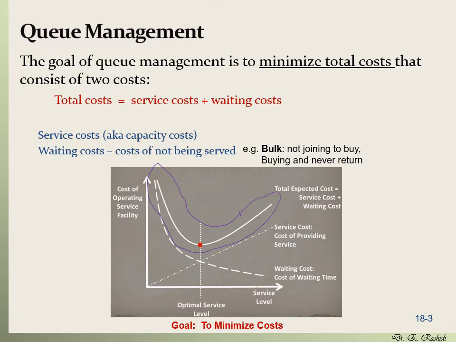And since we want to minimize this, we are looking for a service level that would minimize this cost. As you see here, this red dot shows the level of service that would minimize the total cost of a queue.